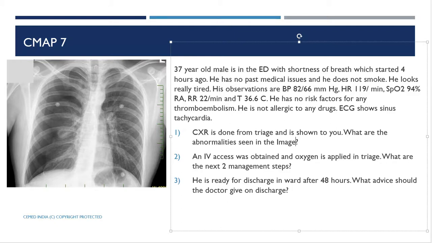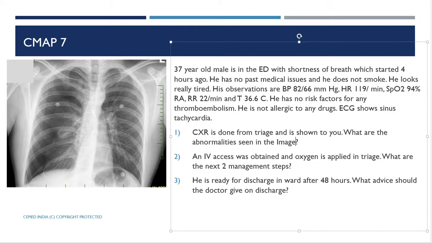So if you look at the BTS algorithm, which clearly states that if the patient is unstable or has bilateral spontaneous pneumothorax, the first thing you do is you move the patient to resus, and you're going to get the IV access, oxygenation, and you're going to put a chest tube, not a needle thoracostomy, a chest tube. So a chest tube should be done, intercostal tube, and secondly, fluid can be given to take care of the hypotension as well.